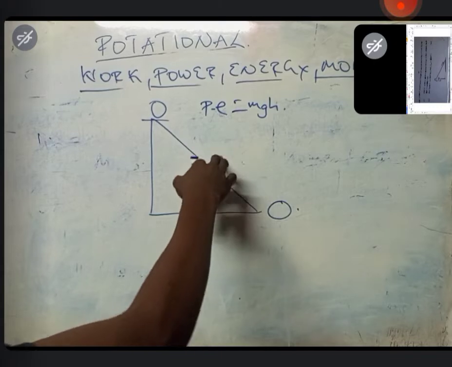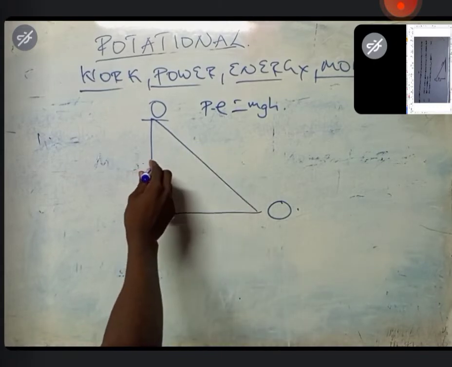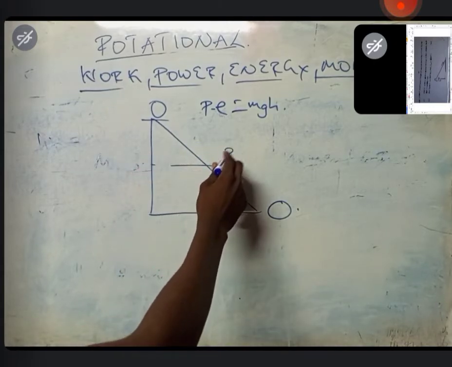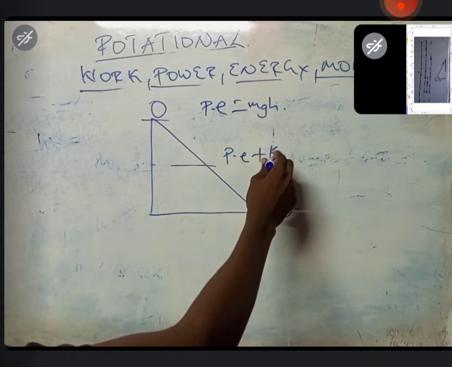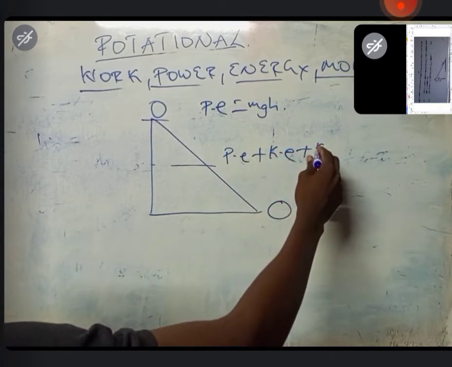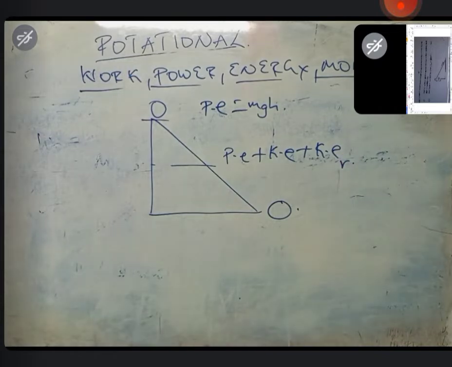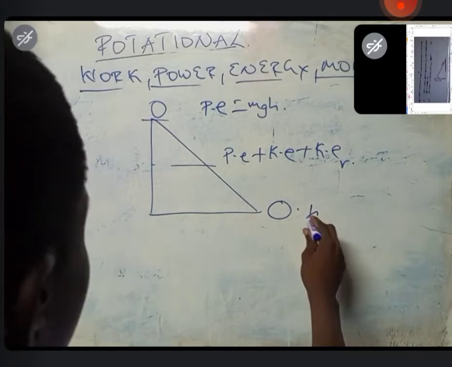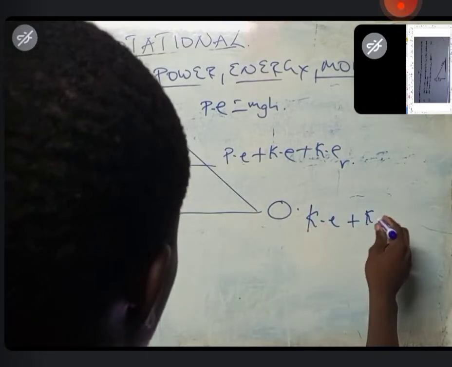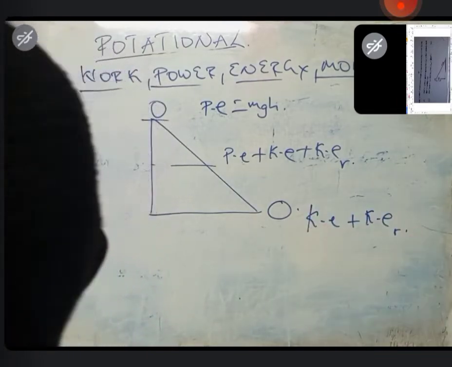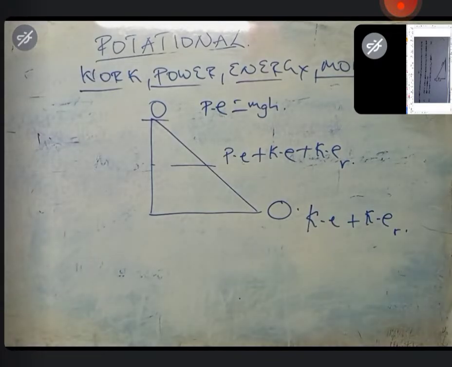Then as it begins to move, somewhere there it will possess potential plus kinetic energy and rotational kinetic energy. Then at the last point there will just be kinetic energy and rotational kinetic energy. So the energy is not converted only to linear; it possesses both linear and rotational. Are you getting me?